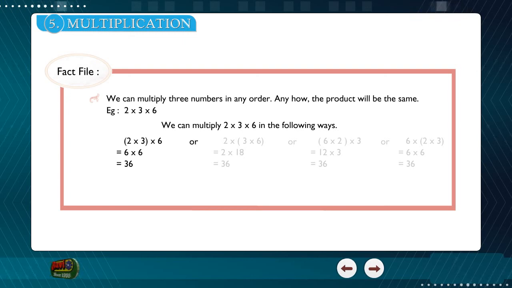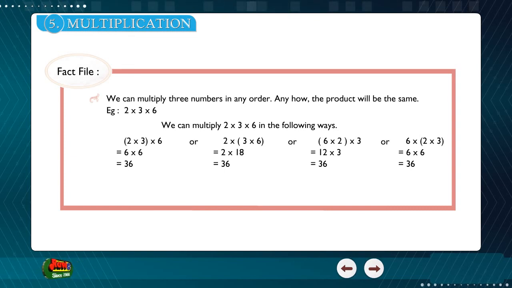Or 2 into 3 into 6 is equal to 2 into 18 is equal to 36. Or 6 into 2 into 3 is equal to 12 into 3 is equal to 36. Or 6 into 2 into 3 is equal to 6 into 6 is equal to 36.